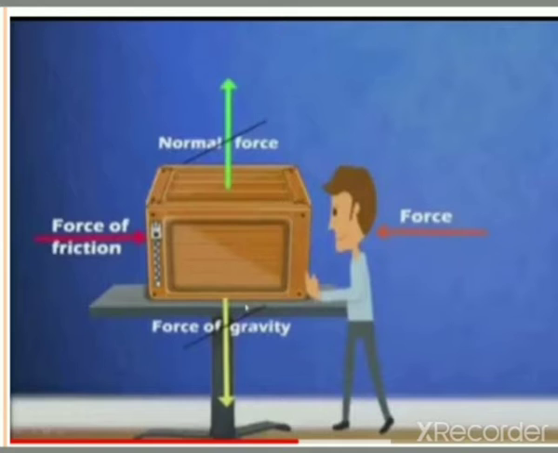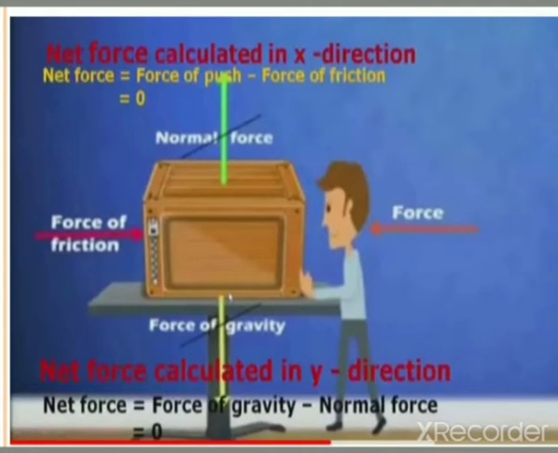That force is known as force of friction. So when this force of friction is greater than your force, whatever force you apply, the box will not move. Let us see the net force calculated in X direction. Net force is equal to force of push minus force of friction, which is equal to 0.